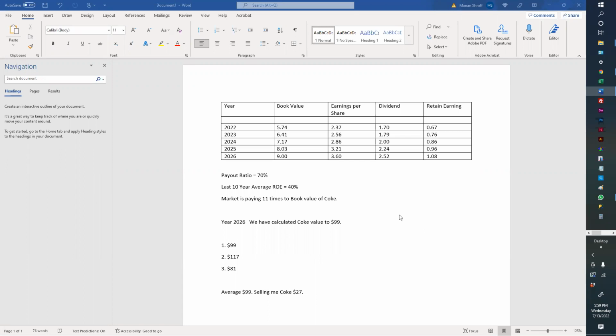And that's why when you buy Subway or Dunkin' Donuts, you pay 2 or 3 times book value and not 11 times book value. But ultimately, it's like a business. This is a business, it's growing and growing and growing, and you are getting things out of that.